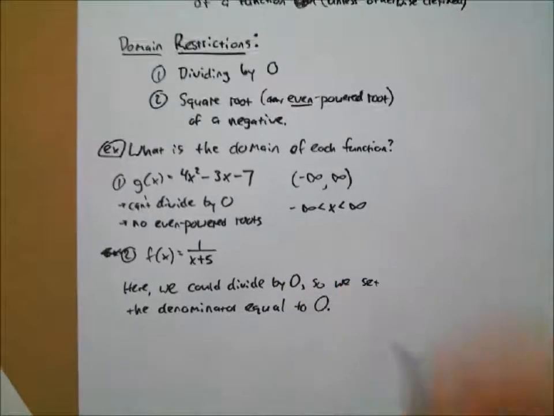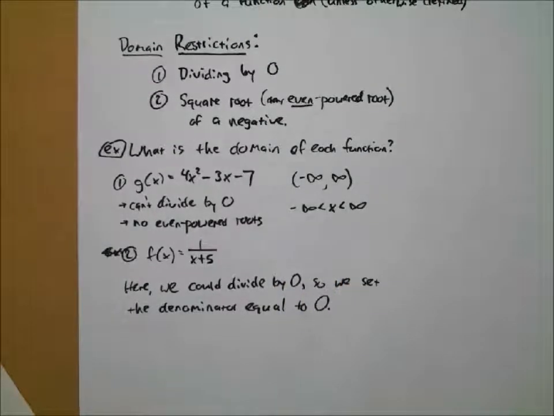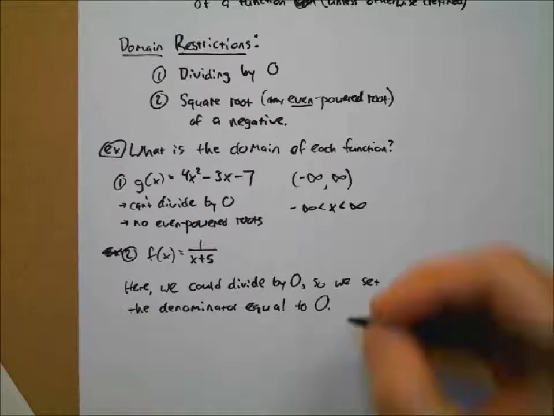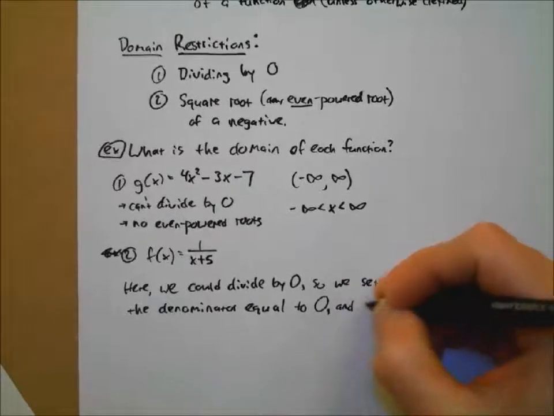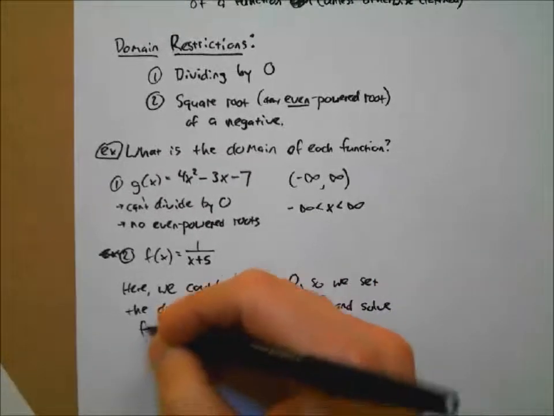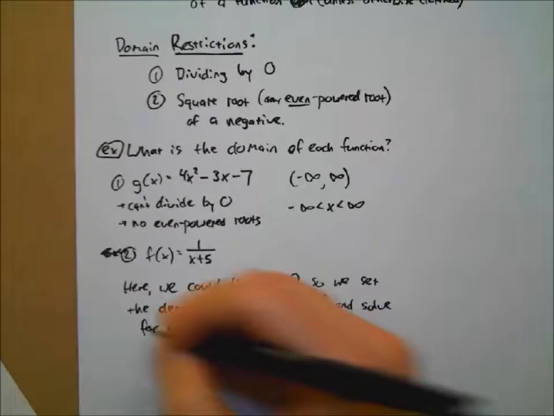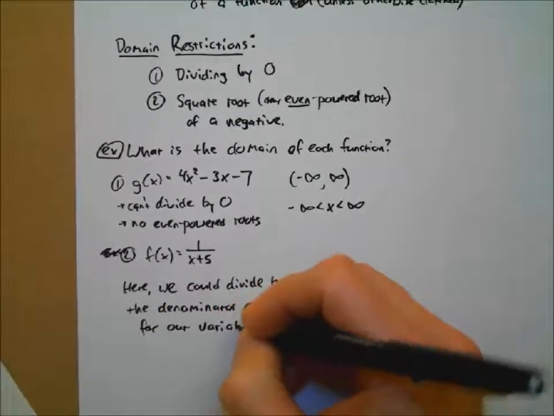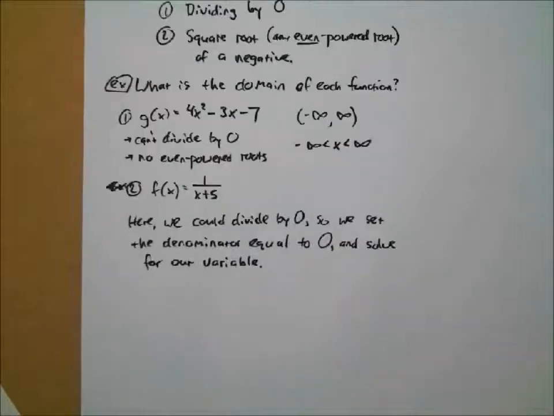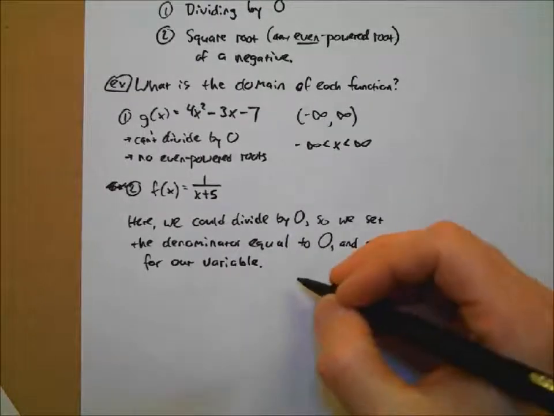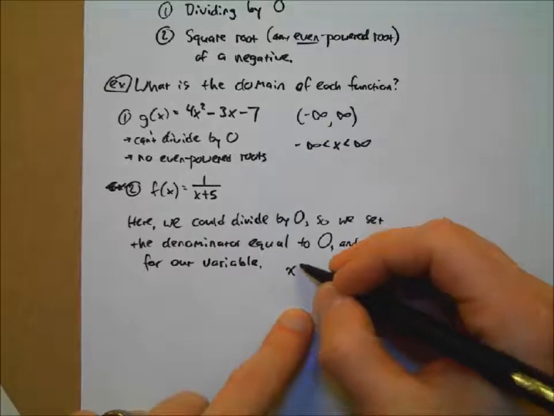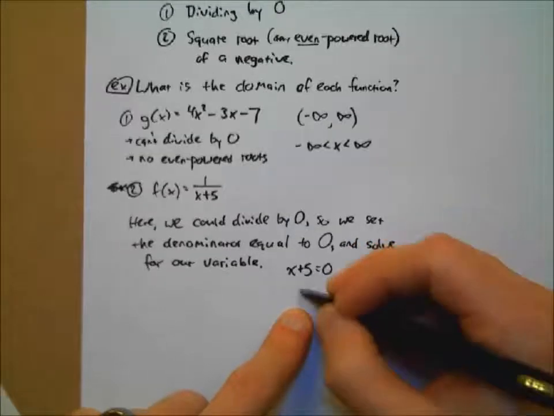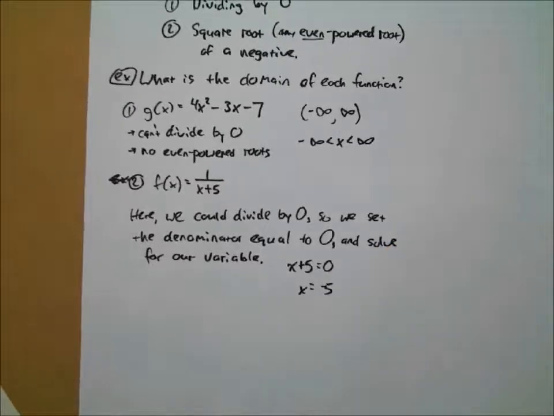We set the denominator equal to the very thing we don't want it to be, so that way we can find the x value that we don't want to use, that we want to exclude, and solve for our variable. Again, I'm just writing this out very explicitly just to make sure you guys have something to refer to. I guess you could always just go back and watch these videos too. It'd be the same thing. And this is what you guys all kind of did mentally, I'm guessing. Something to this effect, at least.